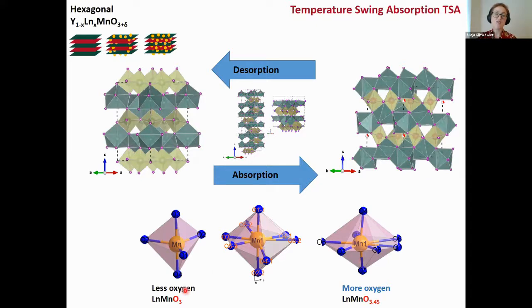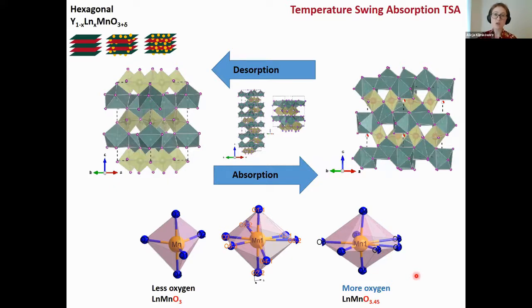So you can see for the reduced manganese, we've got 1, 2, 3, 4, 5 oxygen surrounding the cation. But for the more oxidized structure, we have oxygen incorporating the interstitial position.